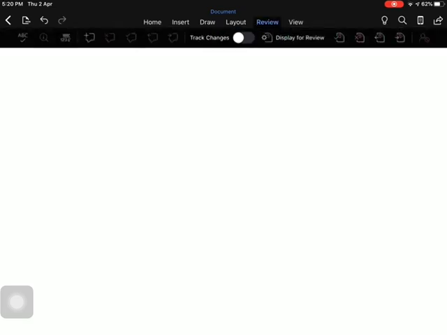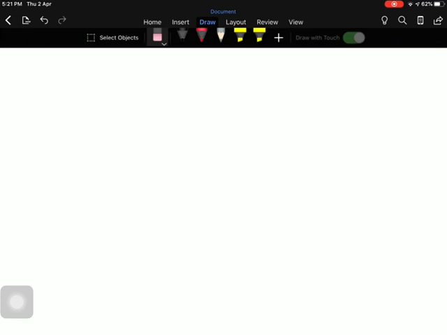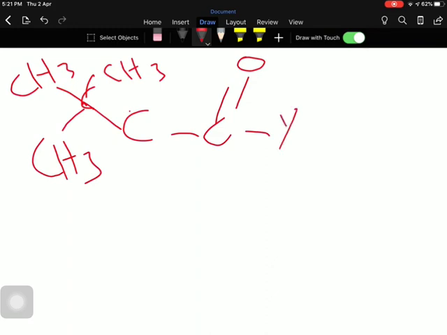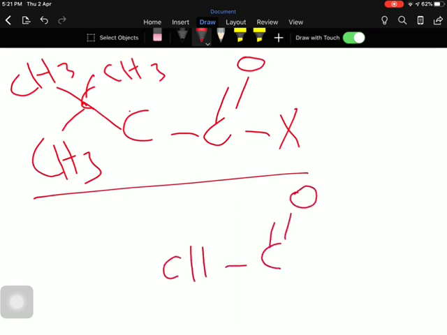The first compound, let me say, we have this one: a carbon with CH3, tertiary butyl, CH3, CH3, and here C double bond O X. Compare the reactivity of this compound with C double bond O X on a benzene ring.